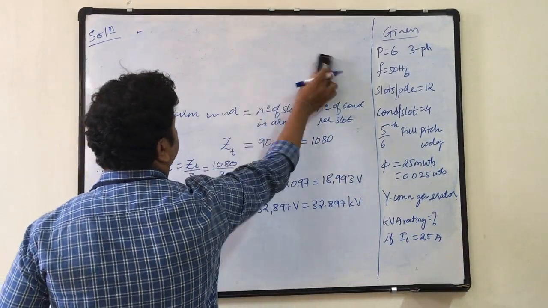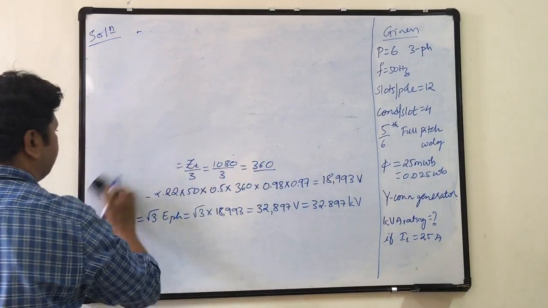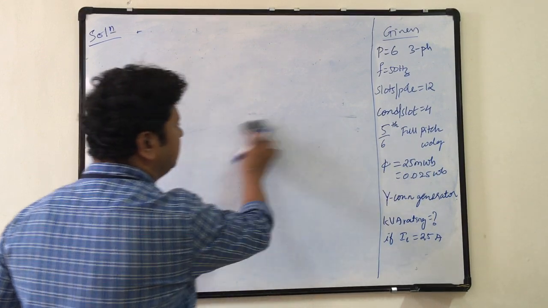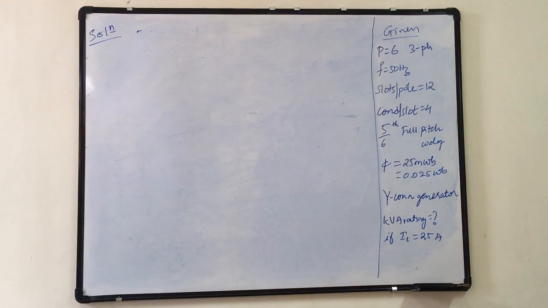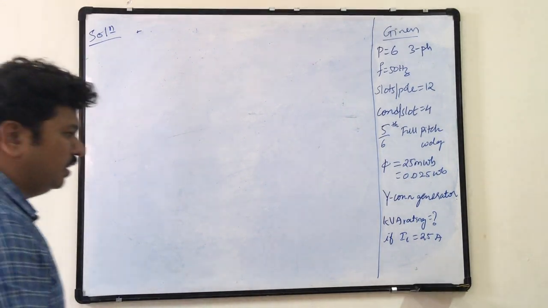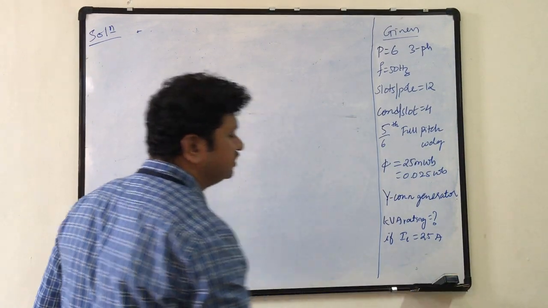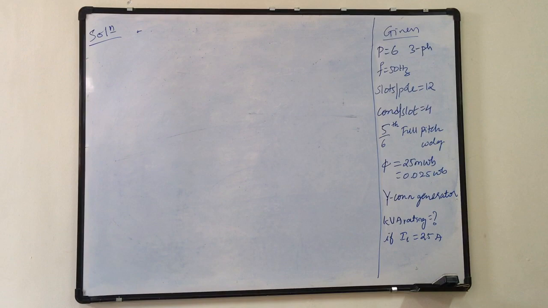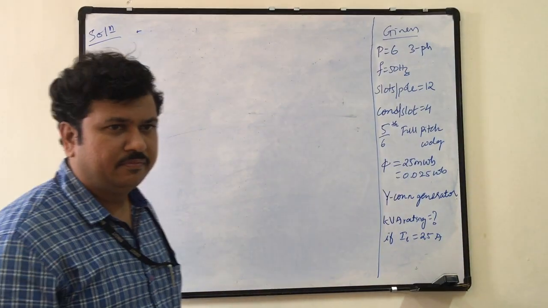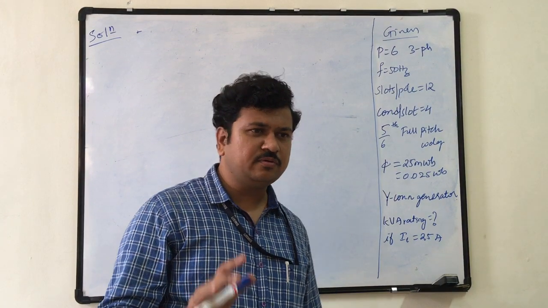And please note here, the pitch factor and distribution factor are not mentioned directly in this example. It doesn't mean that I should take them as one. Okay, I have to calculate the distribution factor and pitch factor. See, sometimes the pitch factor can be 1. Okay, I can use full pitched winding.